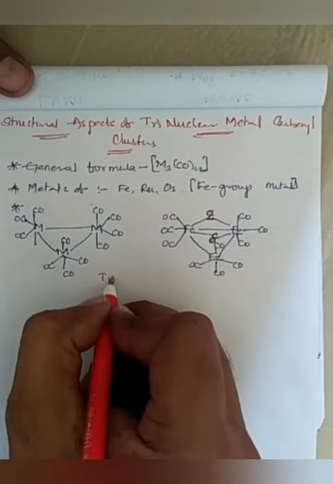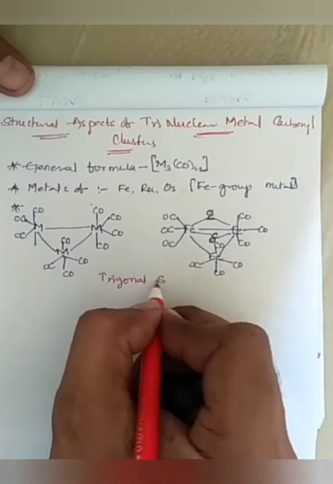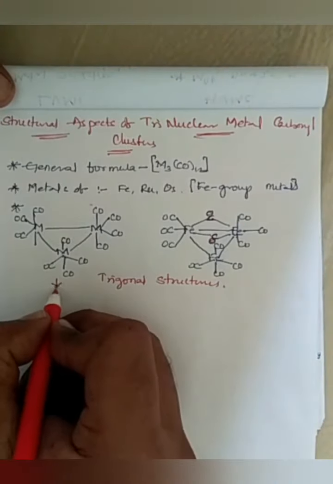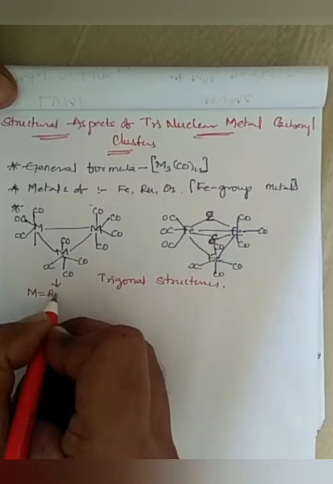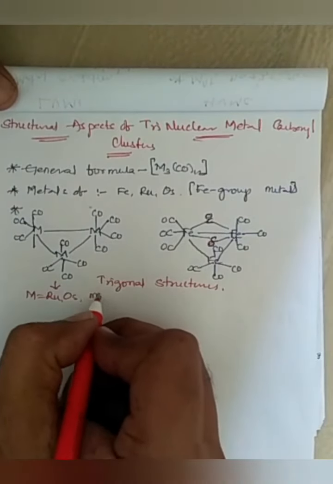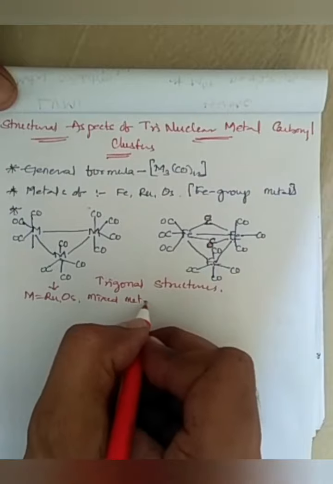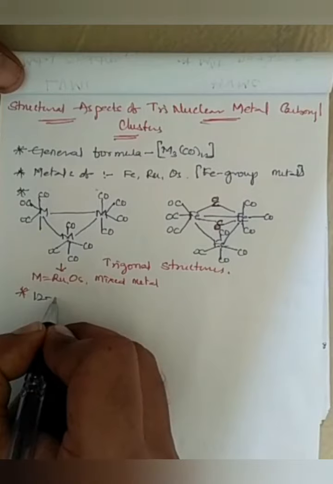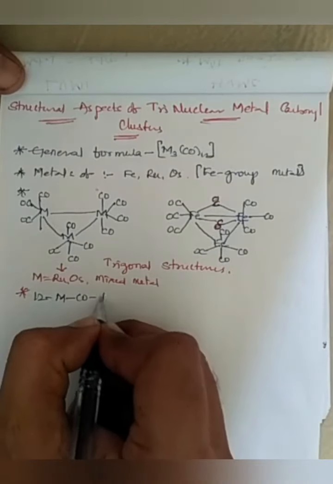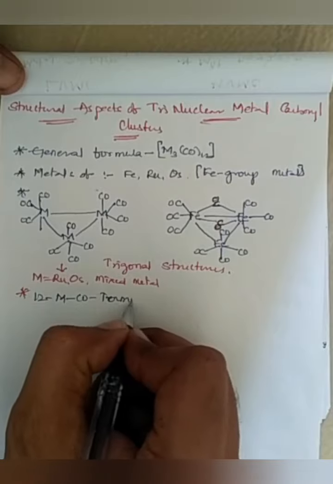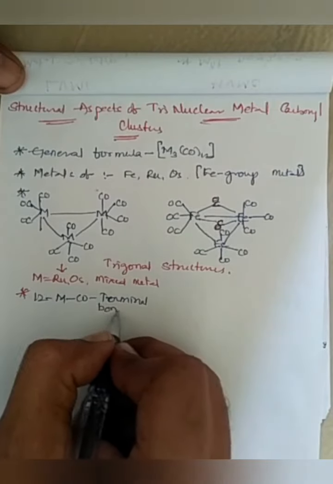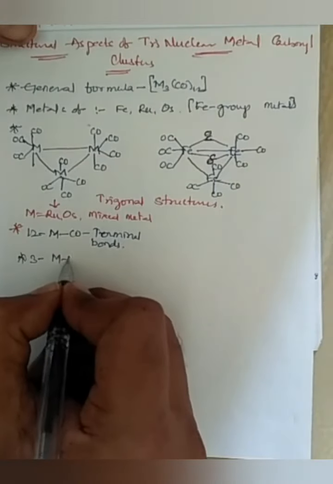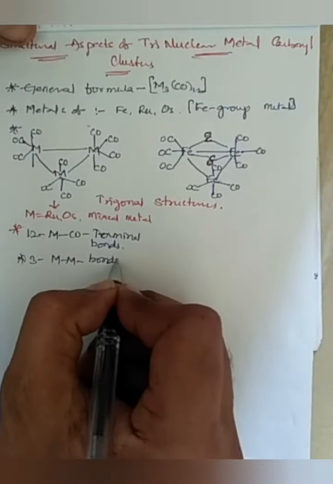All these are trigonal structures, where the metal, when it is ruthenium, osmium or mixed metals, has structural features of 12 metal to carbonyl terminal bonds and 3 metal to metal bonds.